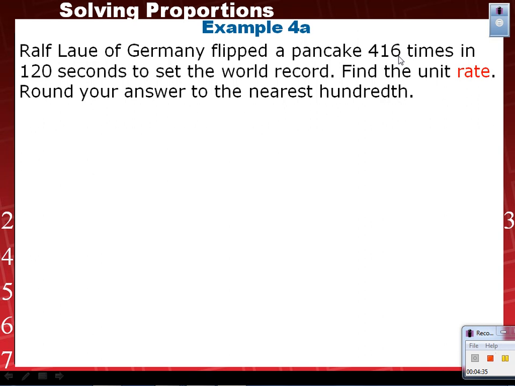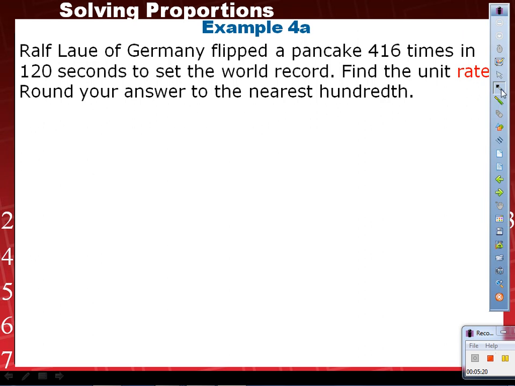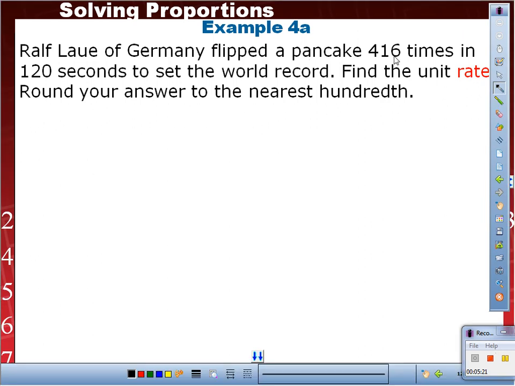We still have more other things to look for. So let's see. Find the unit rate. First of all, it says here that he flipped a pancake 416 times in how many seconds?